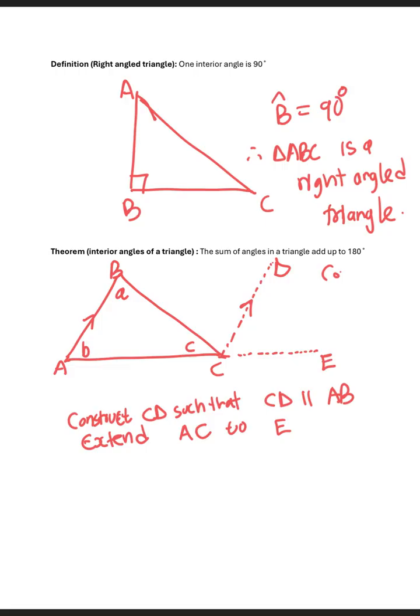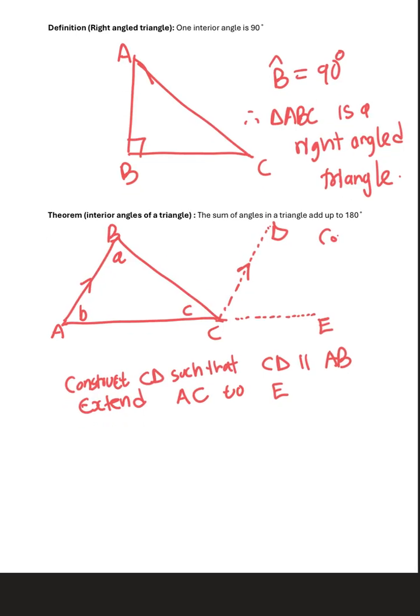Right? After doing this, now, do you see what I see? I see a Z here. Then here I see a Z. And what did we say about a Z? Alternate angles. And the alternate angles, they do what? They are equal when the lines are parallel.